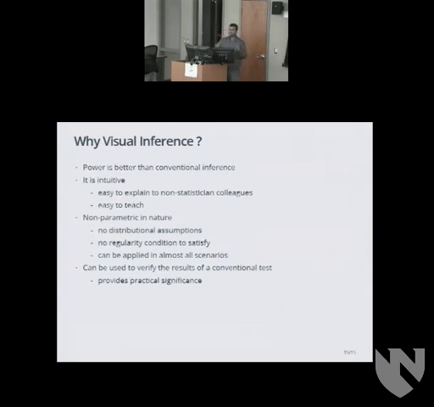That's my conclusion in here. This method works in all scenarios, provides power, provides practical significance over statistical significance, and it works. That is the main thing, and it can be applied in a variety of scenarios. So that's how we can use graphics to make that kind of decisions.